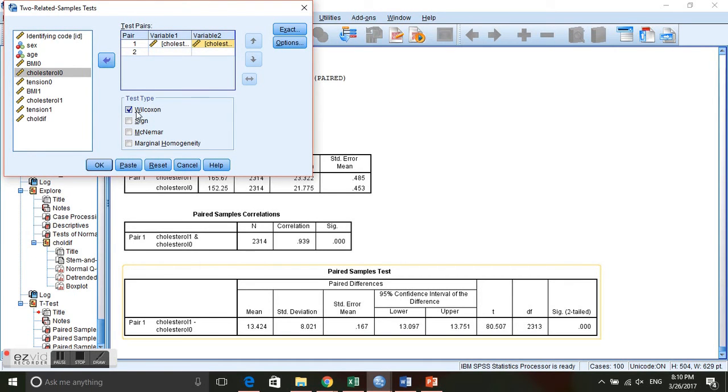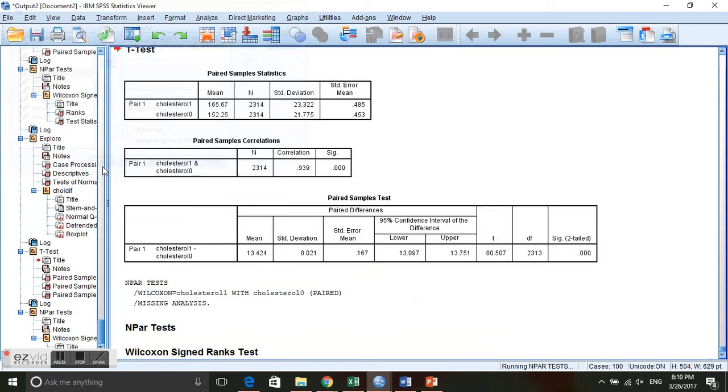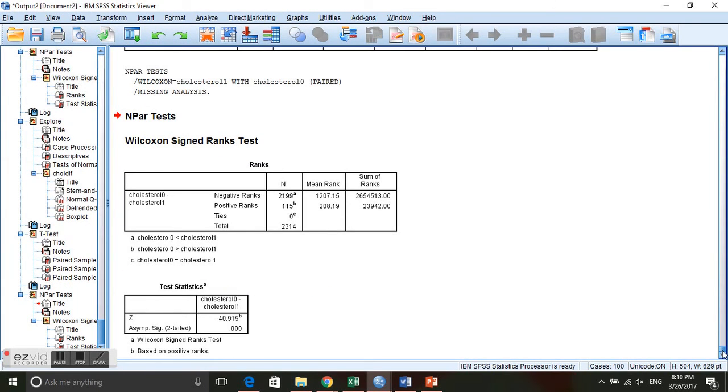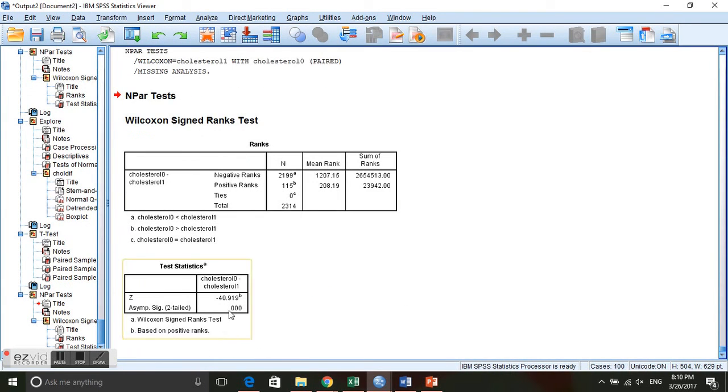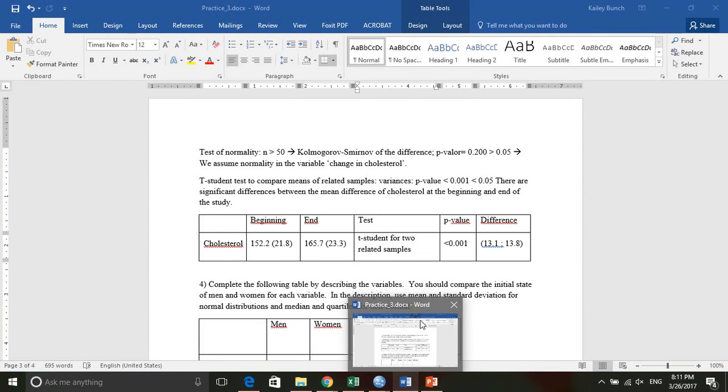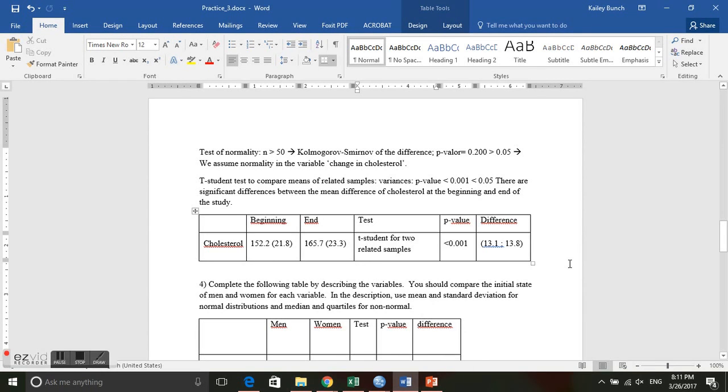And we already have Wilcoxon checked, so that's good. Click OK. And it gives us a significant p-value. Then, instead of putting the mean and standard deviation, we would put the median and quartile 1 and quartile 3. And then we would put the difference of medians.